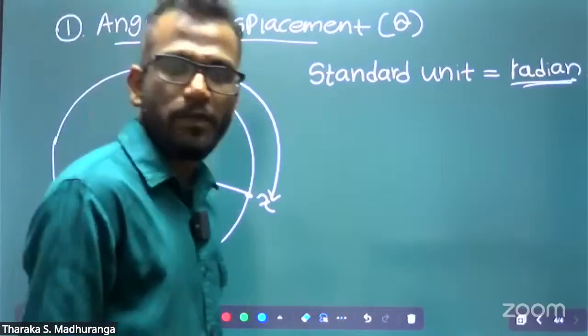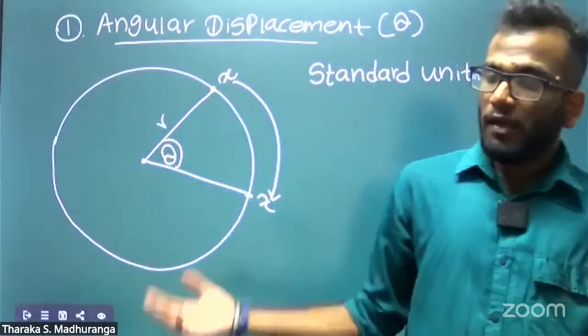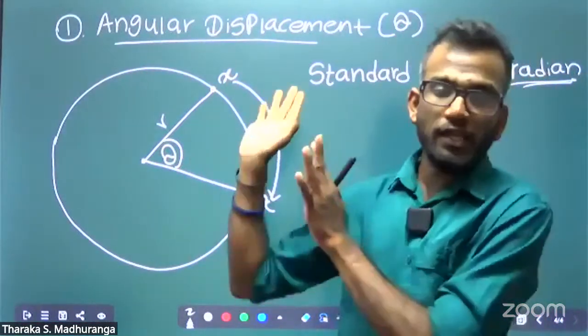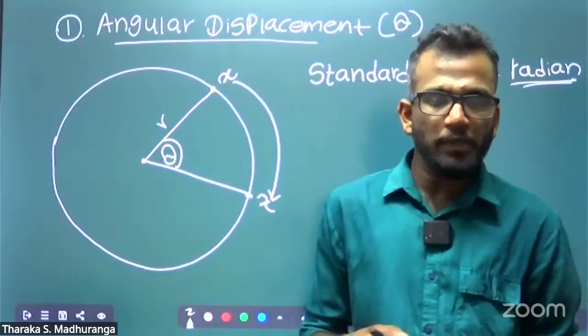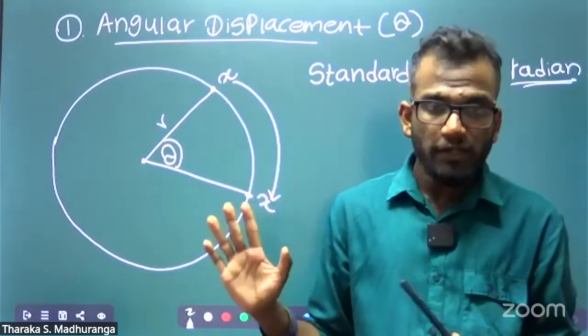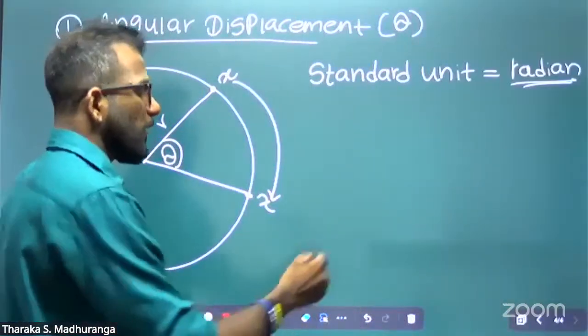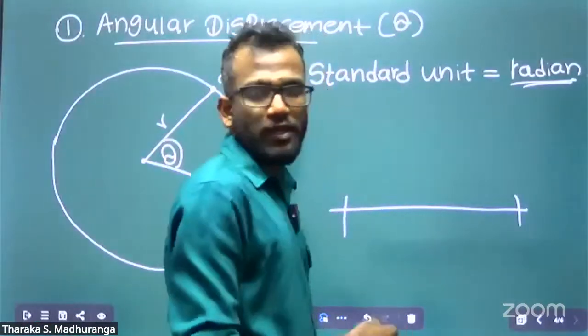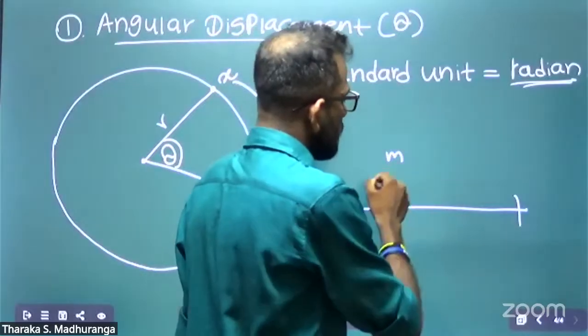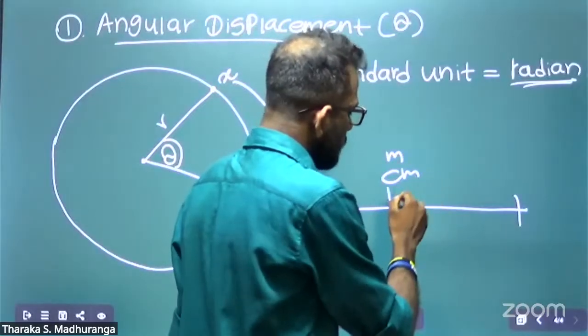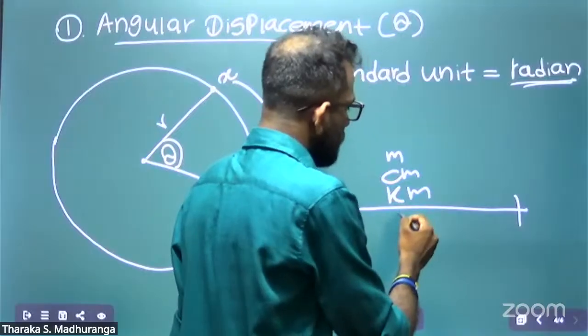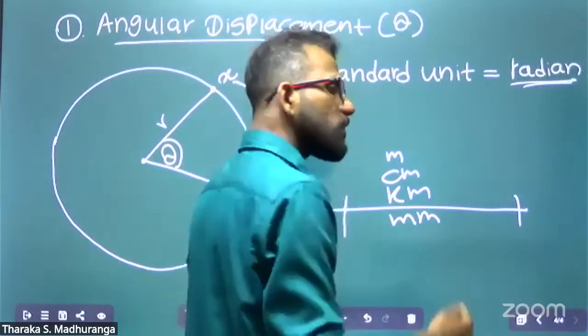Now this is a problem. If you want, you can measure in degrees, no problem, but it is not the standard unit. It is like this: for the length of any substance, we can use meters, centimeters, kilometers, millimeters, or whatever unit.